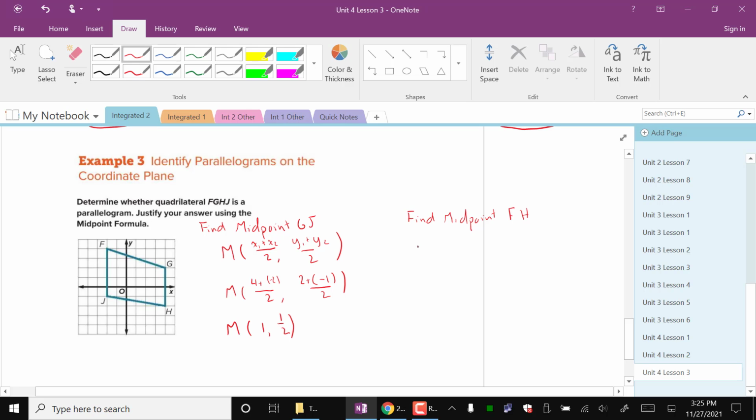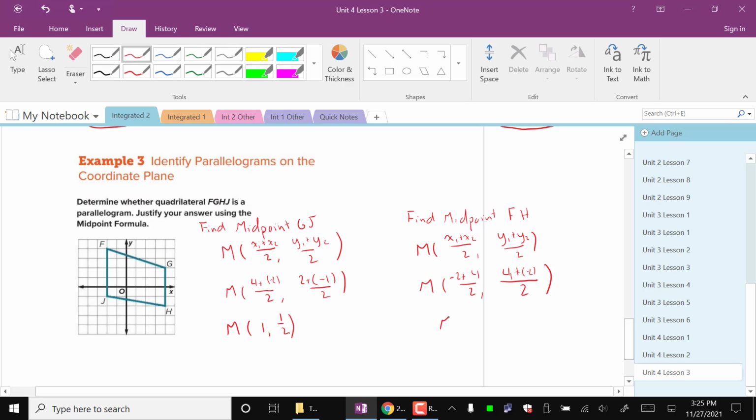So again, our formula for midpoint is M equals x1 plus x2 divided by 2, y1 plus y2 divided by 2. So our x value is negative 2 plus 4 divided by 2, and then our y value is 4 plus negative 2 divided by 2.